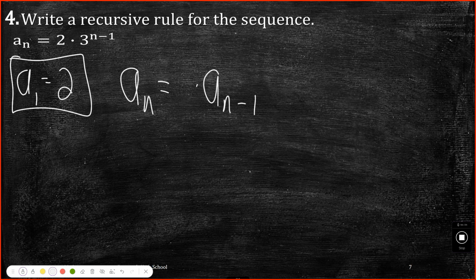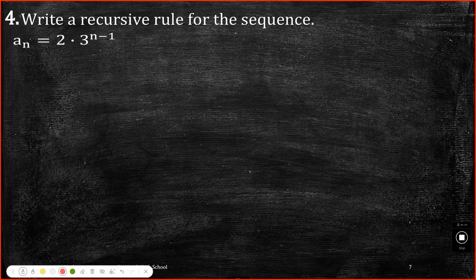So we've got to put the r right here in the front. What is r? 3. And we're done. Give one of the numbers in the sequence and then put the 3 right there. That's it.